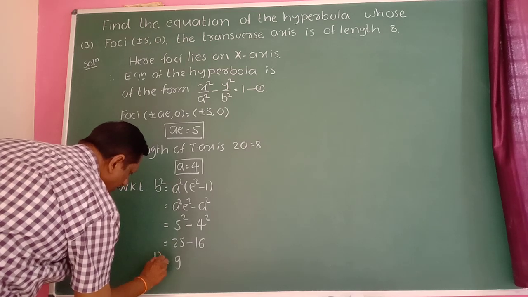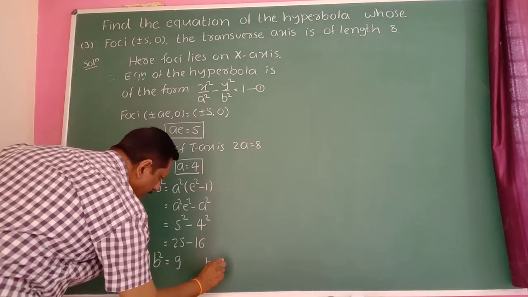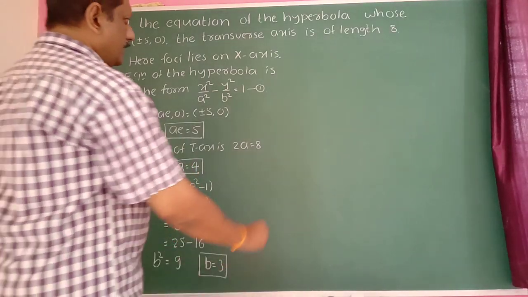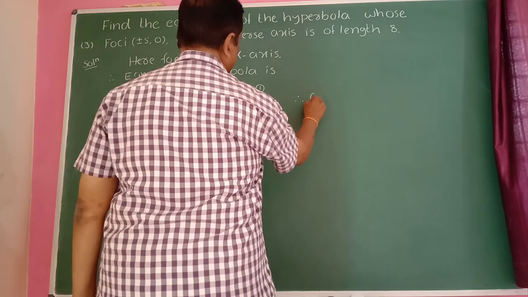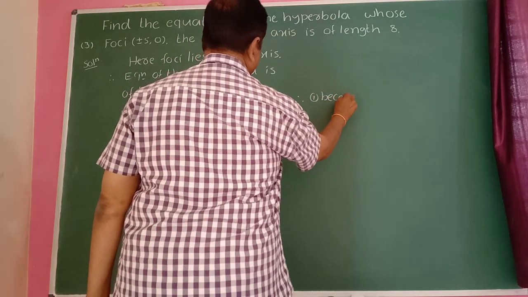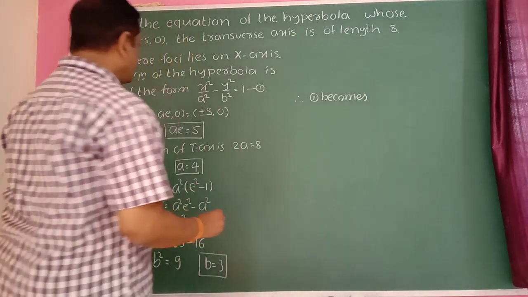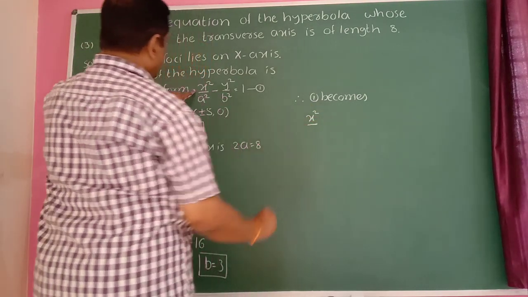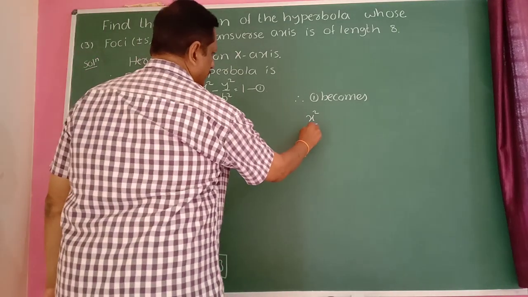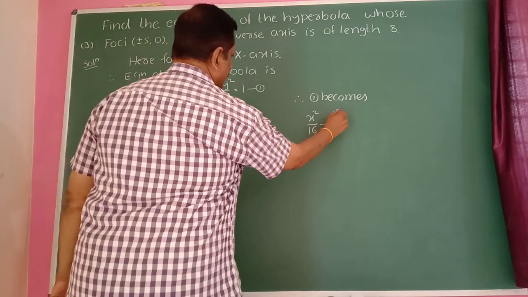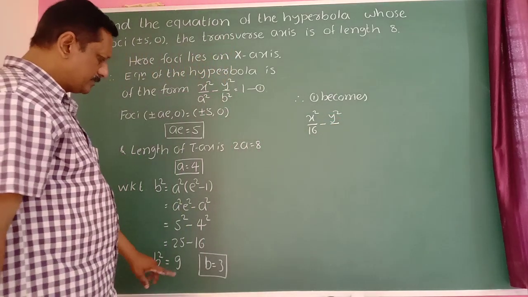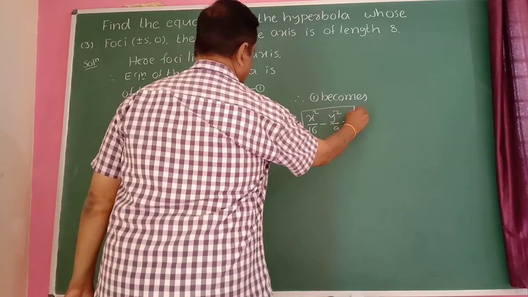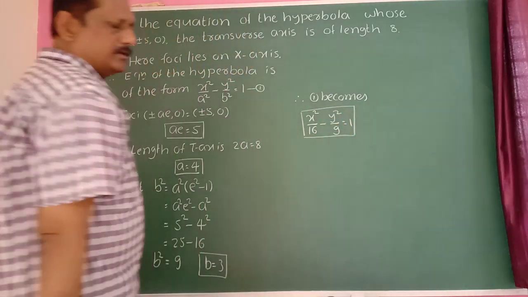So b² is equal to 9. Therefore the value of b is 3. Therefore equation 1 becomes x²/16 − y²/9 = 1. So this is the equation of the hyperbola.